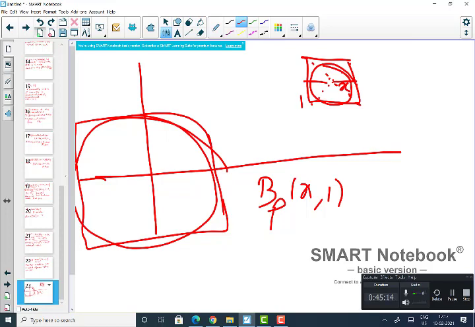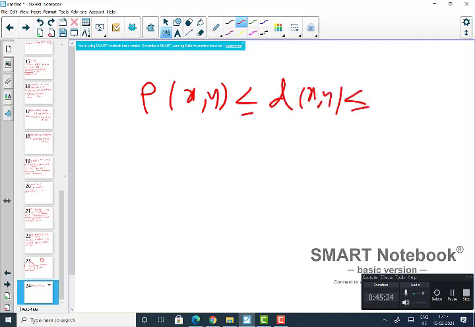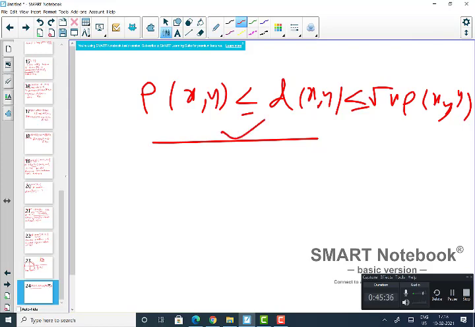Because you can easily check that rho of x, y is bounded by the Euclidean distance, and the Euclidean distance is also bounded by root n times rho of x, y. This is an obvious fact, because here you have only the maximum term, and here you have the maximum term plus other terms, so this is bigger than that.